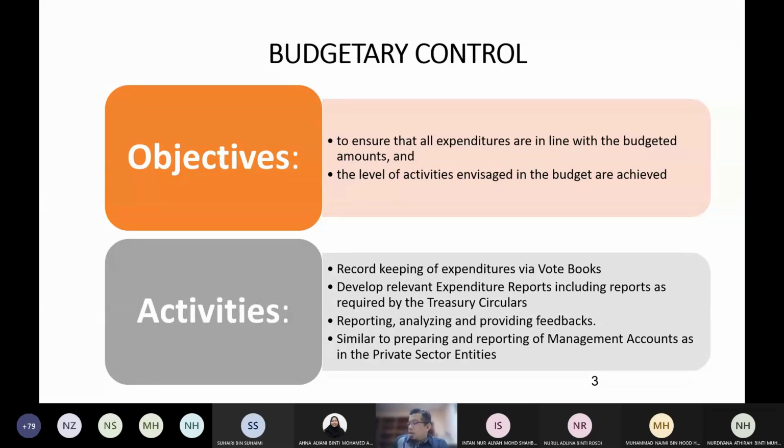In the previous class we discussed examples, for instance supports for SME entrepreneurships, where all this funding is channeled through government agencies like BSN and SME Corp.